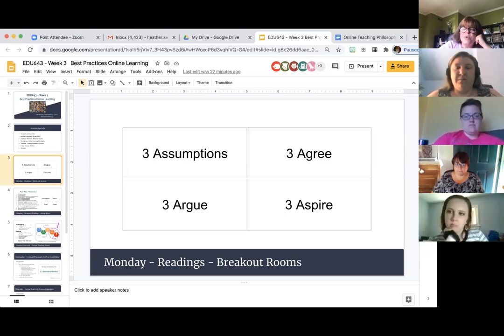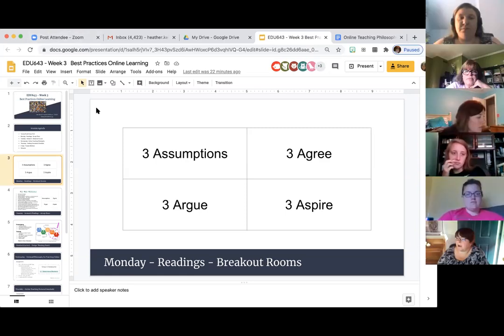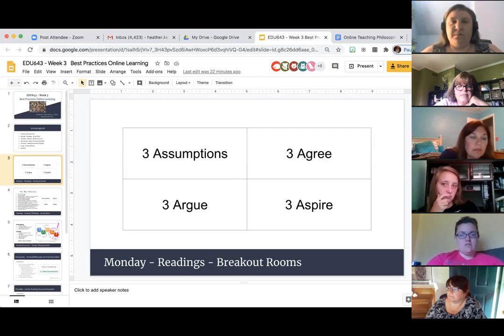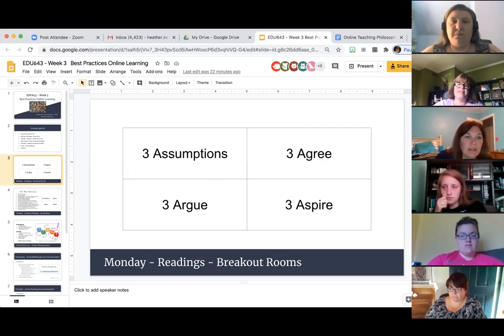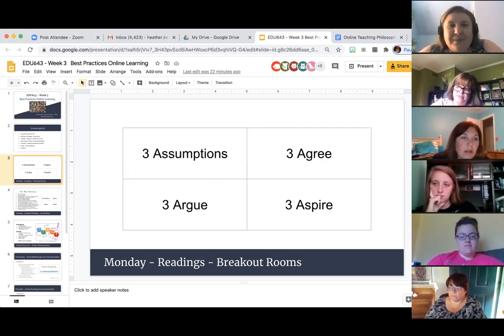Reading article wise, is there anybody that saw some unusual assumptions in those articles that you noticed some of the authors were making? I read an article about homeschooling and PE, and I almost didn't complete reading it because one of the assumptions was that it was much easier to have your child participate in elementary PE than middle school and high school.